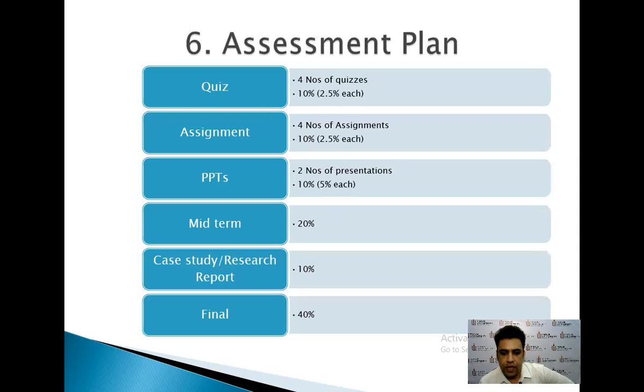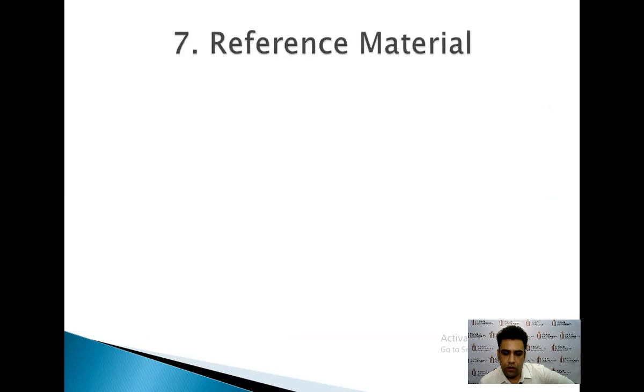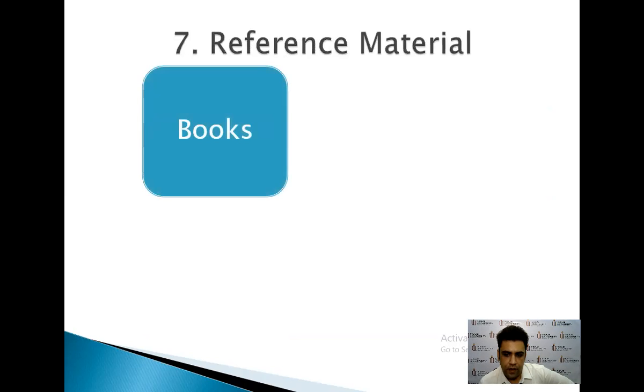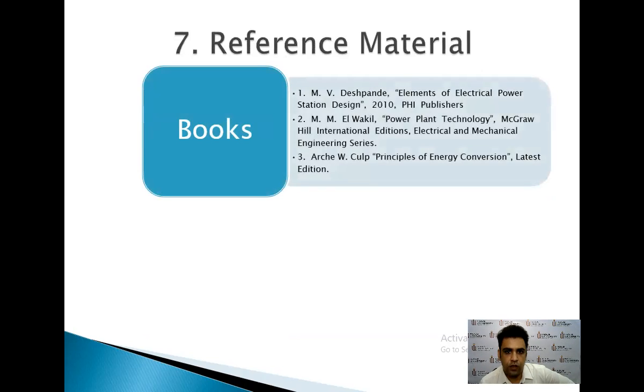The material I am going to use is books as well as some research papers. Firstly, the books: I am going to use 3 books, including Elements of Electric Power Station Design, and these books are also recommended by HEC. I have personally studied these books, and I think they are best for this specific course.